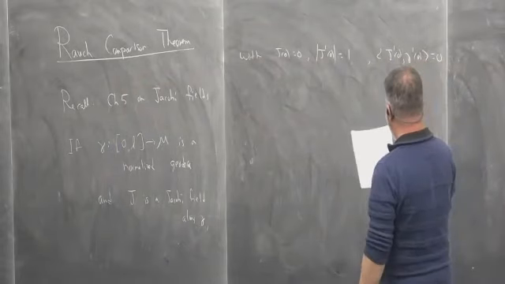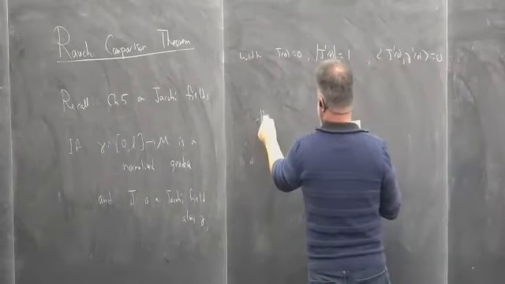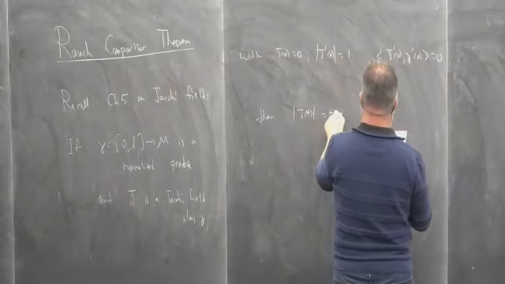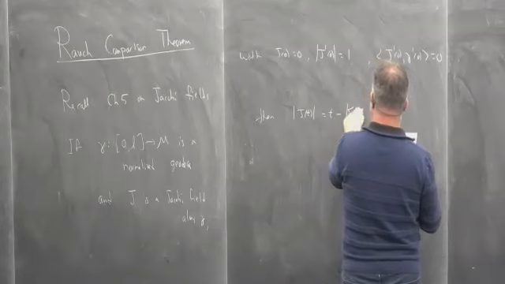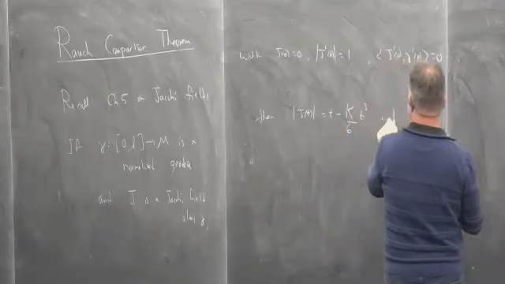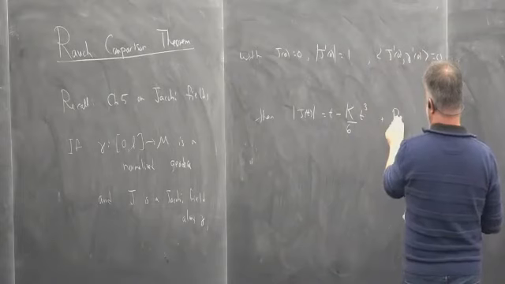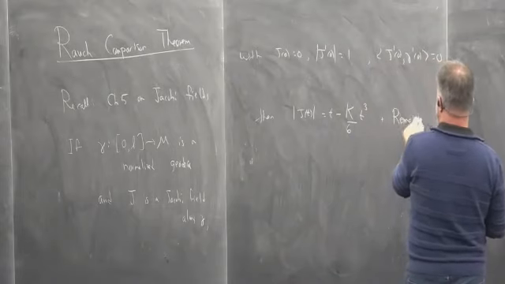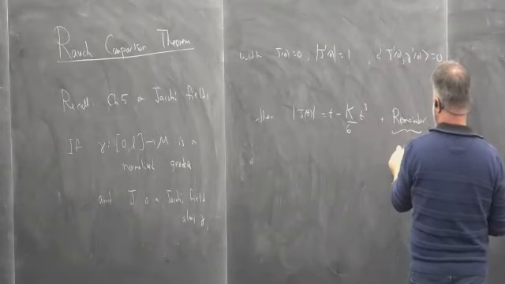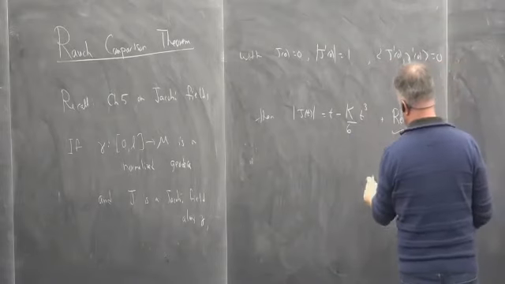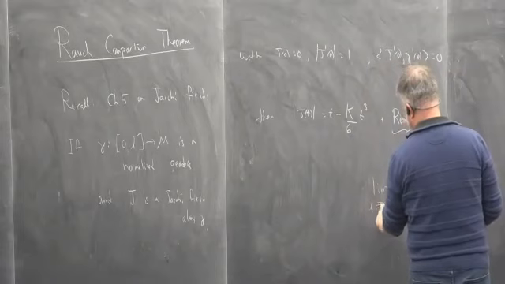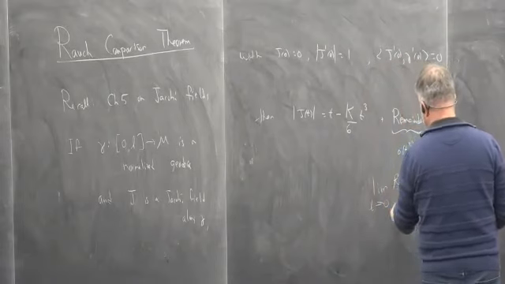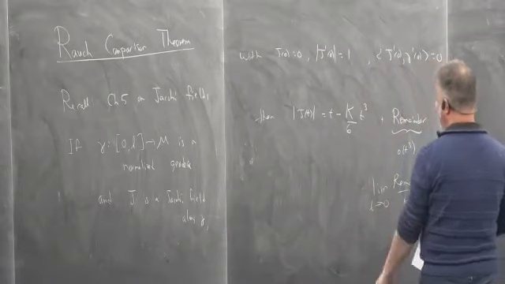If we had these three properties, then we proved that the norm of J(t) is t minus k over 6 t cubed plus some remainder, which is little o of t cubed. That means that the limit as t goes to 0 of the remainder divided by t cubed is 0.